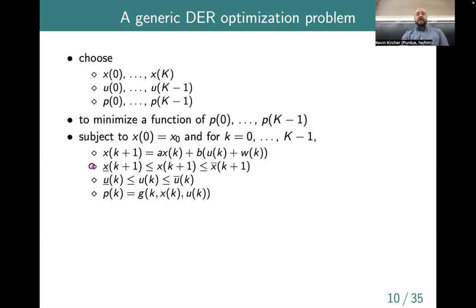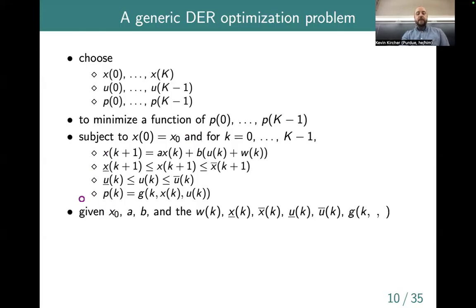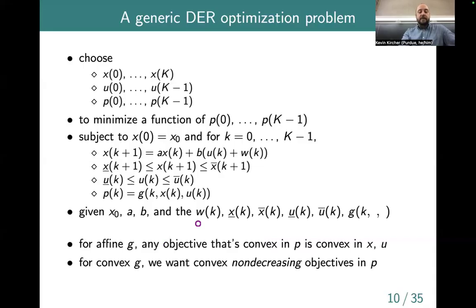We have the dynamics, and then we have our state and our action constraints. And we also have the output function that describes the electric power. And then we have a bunch of information that we're given: the initial state, the dynamics parameters generally, all the upper bounds and lower bounds on the constraints, as well as some predictions or forecasts of the disturbance terms, the w's that show up in our equations.